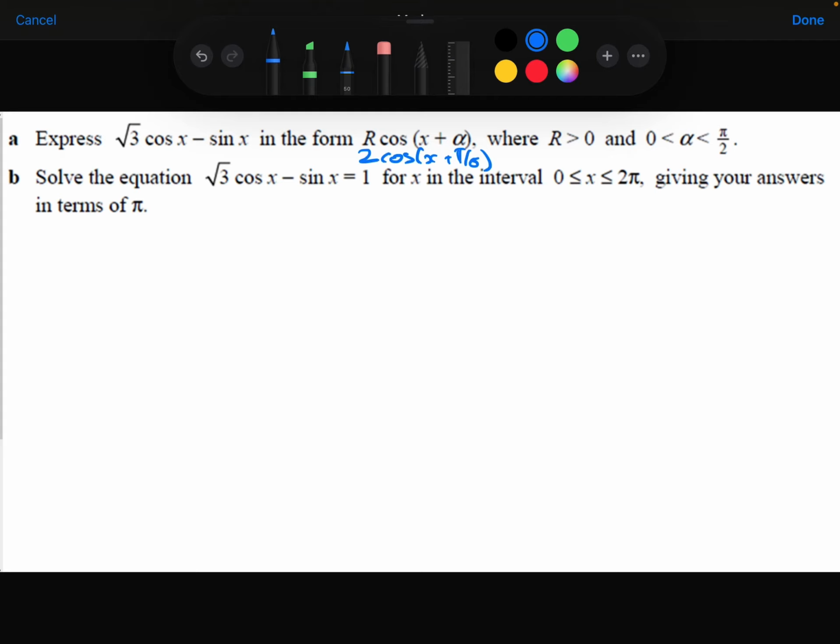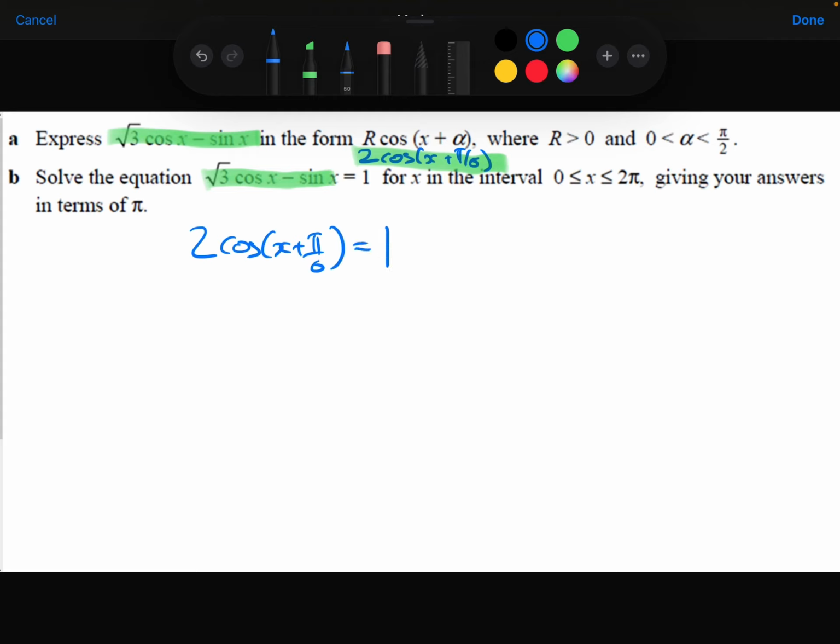So now we've done that in part A. The main bit here is we're going to use that to solve an equation. So notice that the left-hand side here is what we had in part A. So I could replace that with this r cos x plus alpha. That's what I'm going to do. The left-hand side here, I'm going to replace with 2 cos x plus pi over 6.